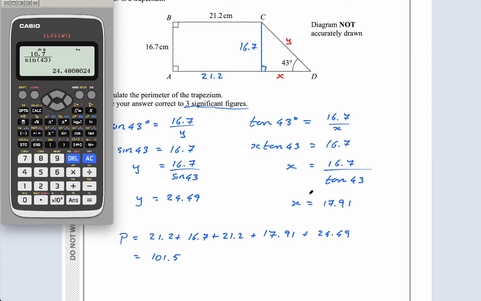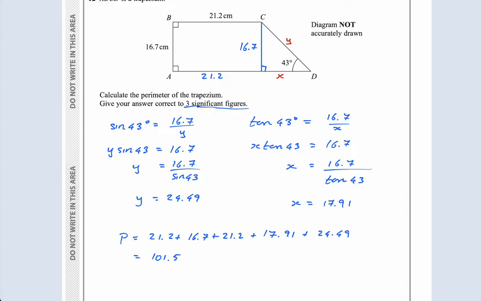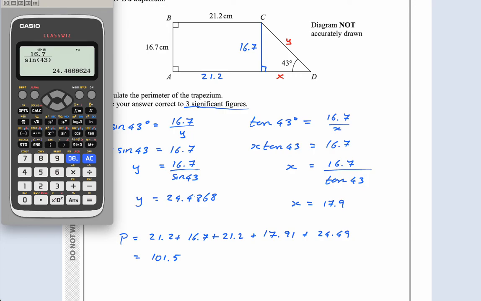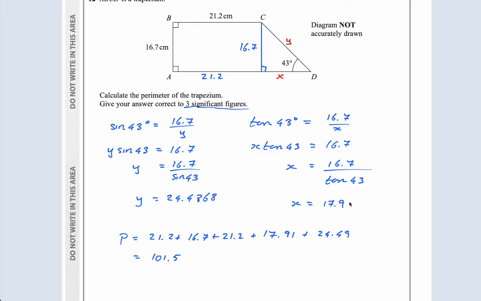So this, okay, I round. See, this is the slight issue, guys, I rounded here, so maybe they wouldn't accept. I should probably have done a bit more. So let's write this: y is 24.4868, and x is 17.9085.